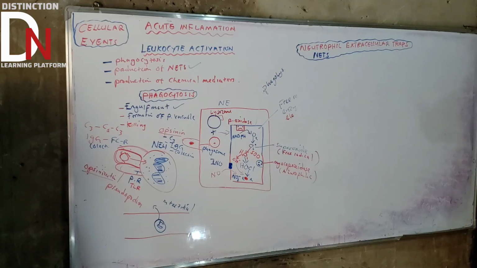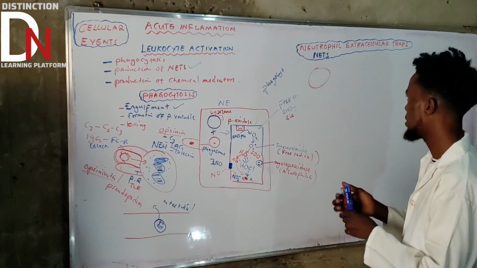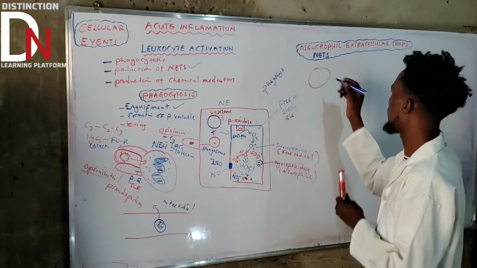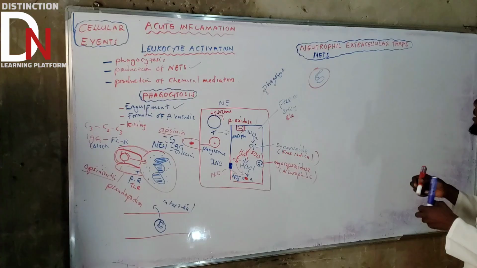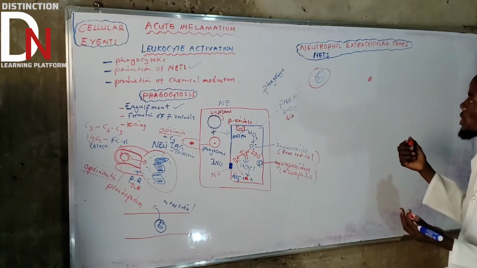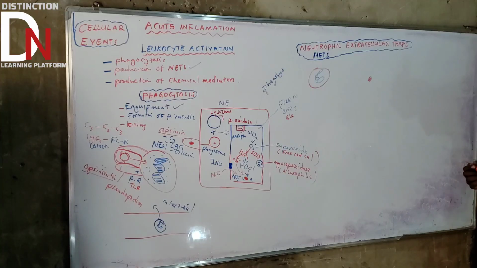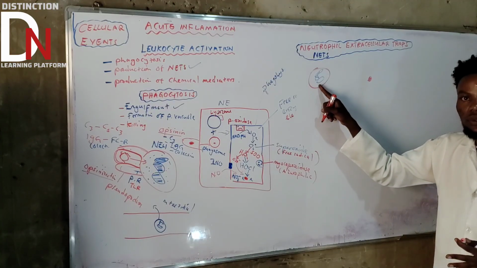By production of nets. Remember that if this is a neutrophil, we're just giving an example, and this is a bacteria outside, like that, phagocytosis is not going to happen there. So what they do is this. They are going to sacrifice themselves. They are going to kill themselves.